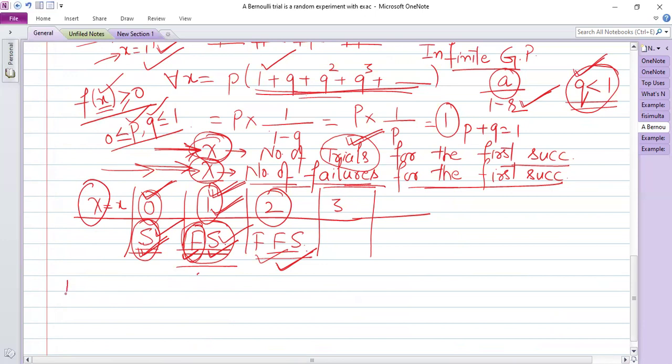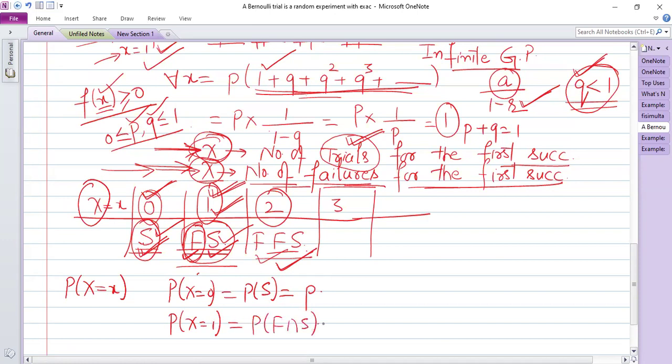So if I have to calculate the probability that x is 0, what will that be? Nothing but the probability of success, which will be nothing but p. Now the probability of x equal to 1 will be the probability of F and S, which will be nothing but q into p.